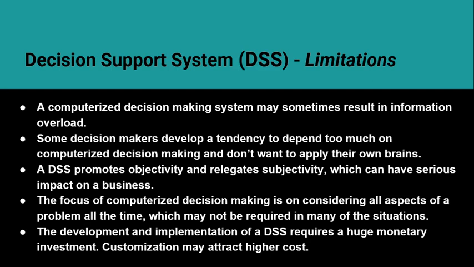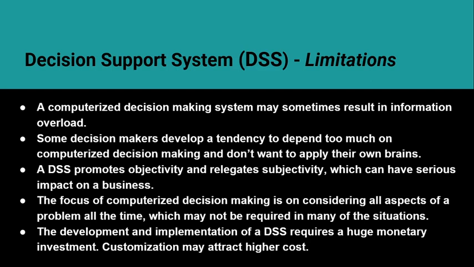Right? Next, some decision makers develop a tendency to depend too much on computerized decision making and they don't want to apply their own brains. So they become lazy, totally dependent on the system, which is very problematic and may impact the business also. That's why the next point says a DSS promotes objectivity and relegates subjectivity.